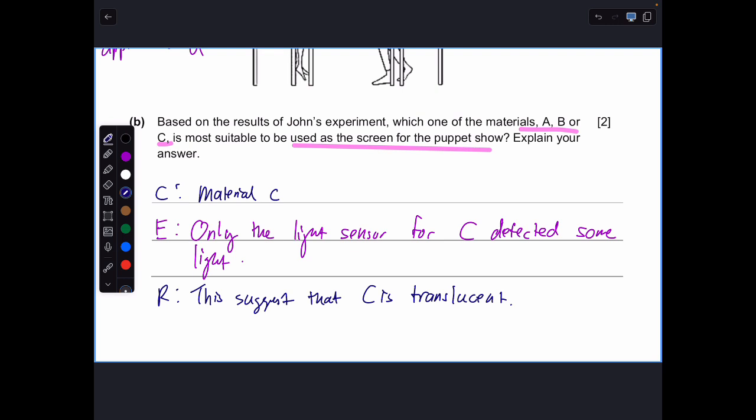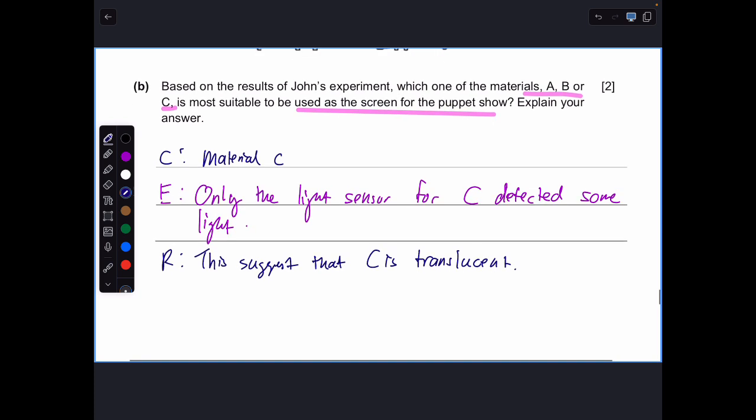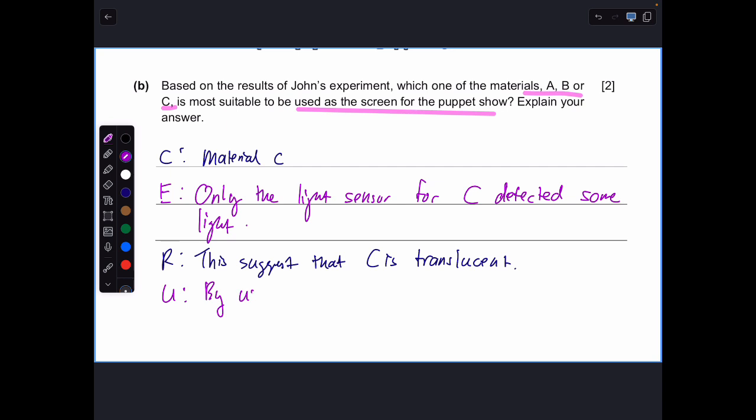Okay, so then you would say that by using C, the screen can block some light from passing through.